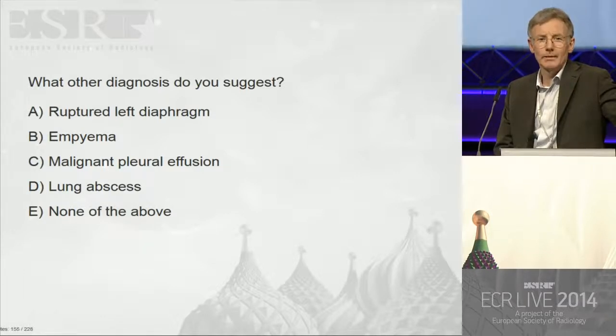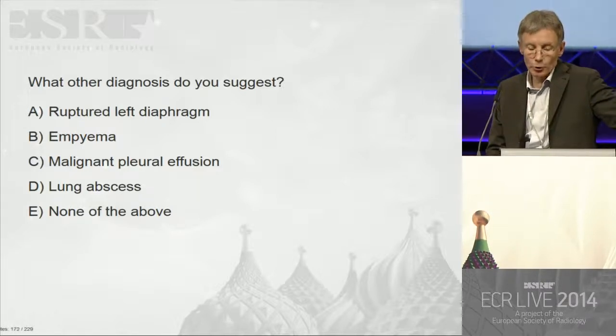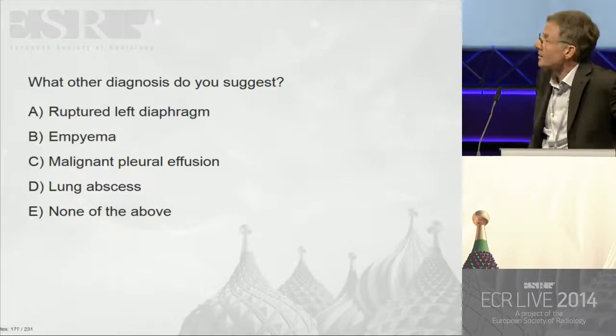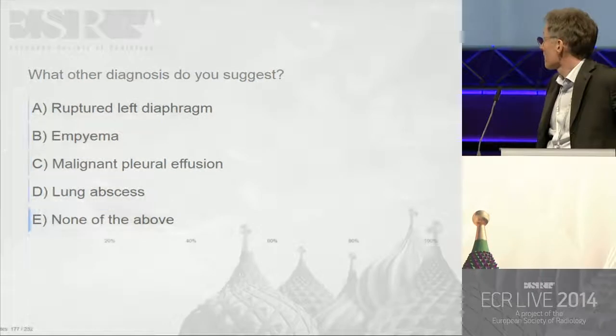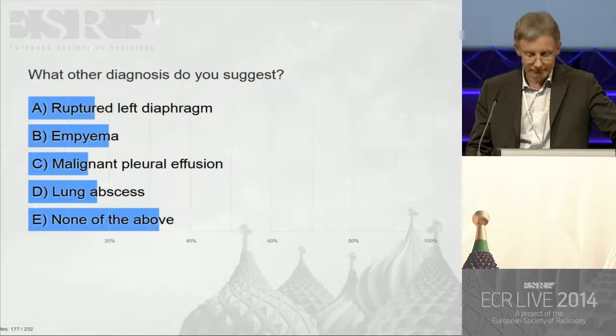Multiple air fluid levels in the left chest, and the nodule in the left upper lobe, which was picked up. So let's have the answers, please. Well, we have a very wide spread.